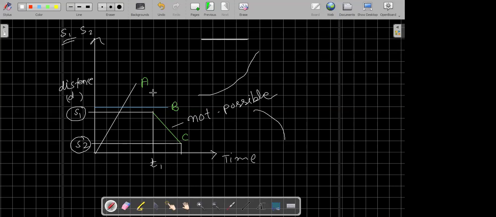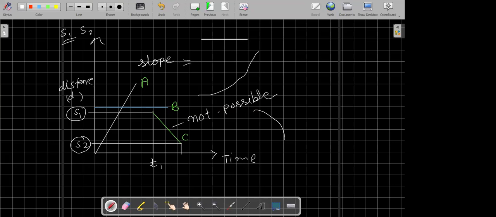From the distance time graph, what can we calculate? If I find the slope of the distance time graph, what will I get? Slope means the change of y-axis with x-axis, and on the y-axis we have taken distance.